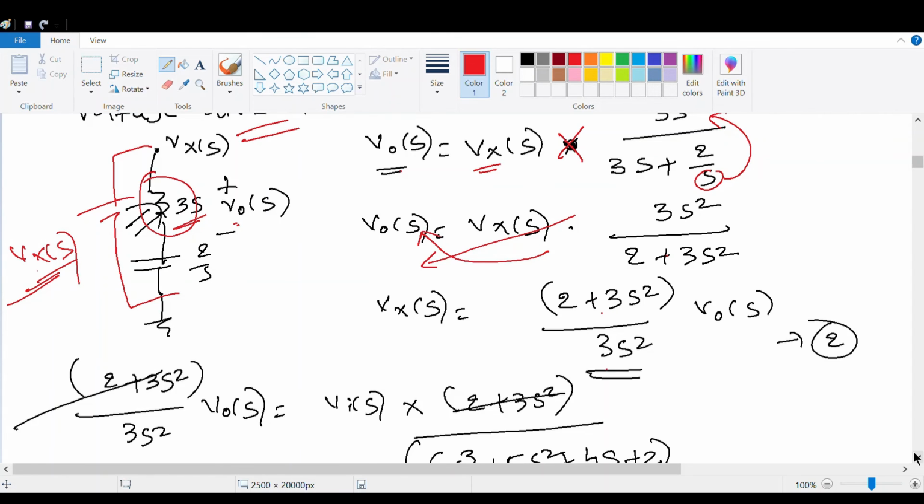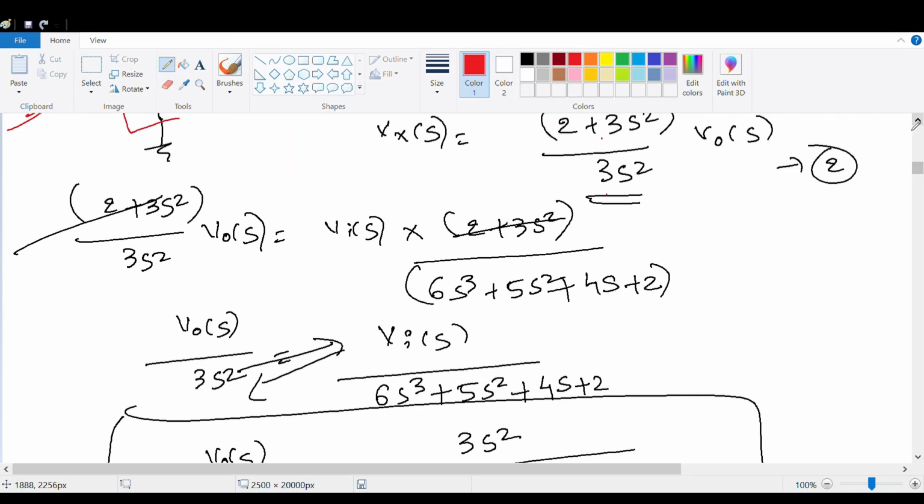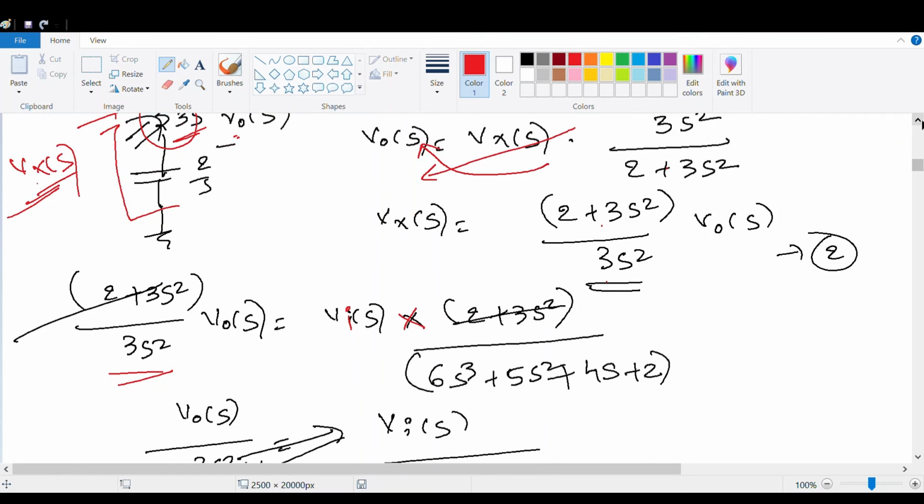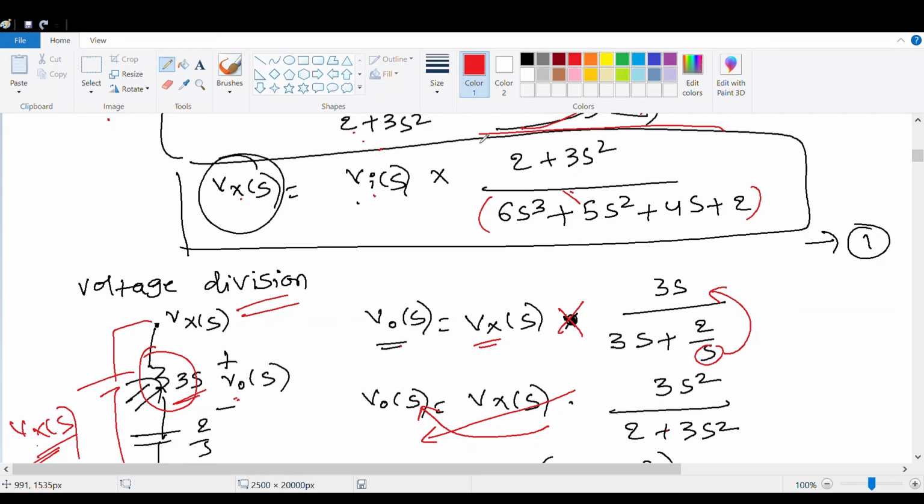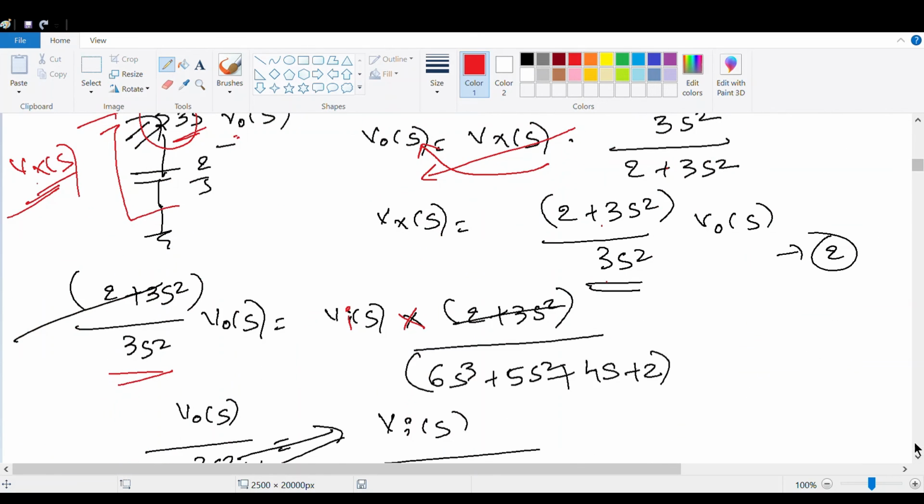After that Vx of s equals, just move this, 2 plus 3s square by 3s square times V naught of s. This is equation number 2, and just put equation 2 into equation 1. In equation 1, on the left hand side it is Vx of s. In place of Vx of s, you have to put 2 plus 3s square by 3s square V naught of s, equal to Vi of s into, it is already there in equation 1 on the right hand side. The right hand side is the same as equation 1, but on the left hand side we just substituted this value.